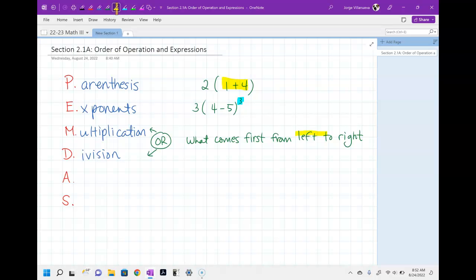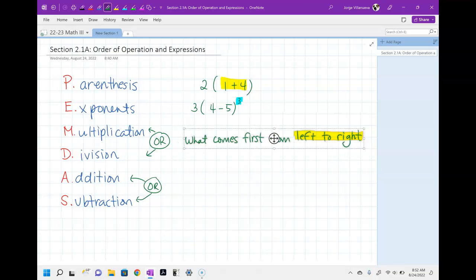It has to be from left to right, just like reading a book. And same with the last 2 letters. The last things you get to do are addition and subtraction. So addition, subtraction. This is also an or statement. Whatever comes first from left to right.